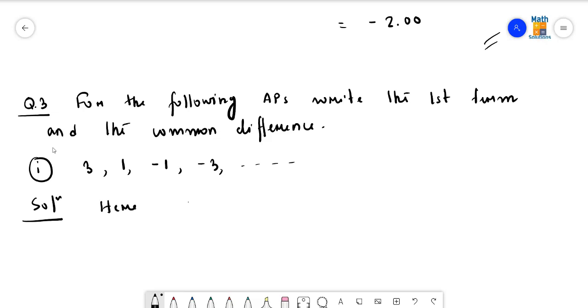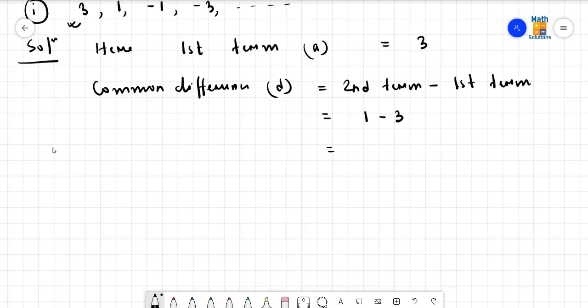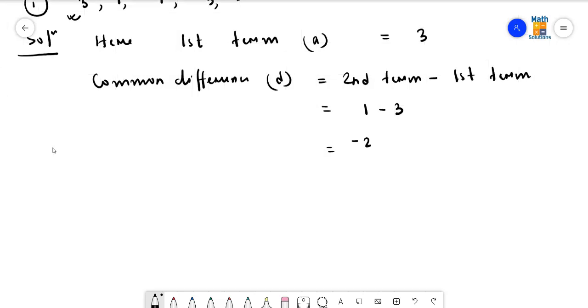Here, first term A is equal to, of course it is 3 because it is lying in the first position, and then common difference D will be equal to what? Of course the second term minus first term, and the result comes as 1 minus 3, and the answer is minus 2.